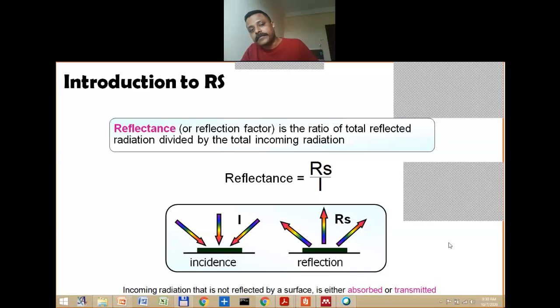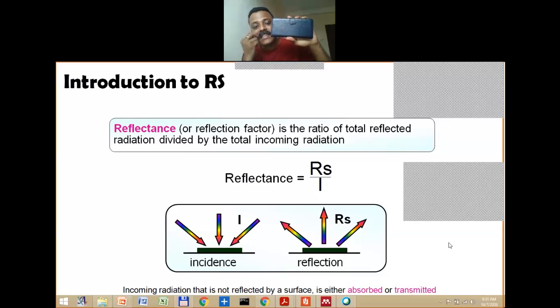For example, if I ask you what is the reflectance of this cover of my mobile phone, I will consider one square unit of the surface area, that may be 1 centimeter length, 1 centimeter wide.